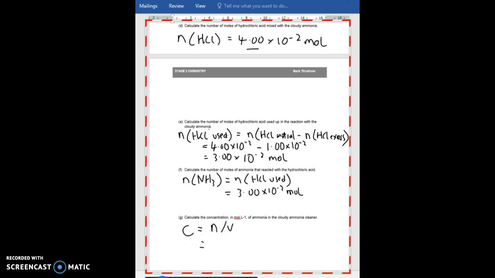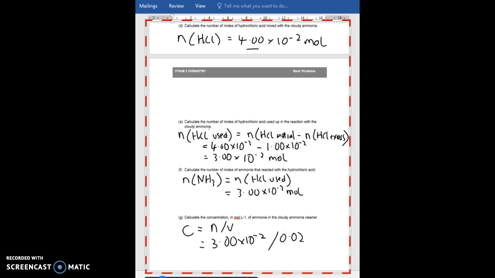So that equals our number of moles we worked out from the above, 3.00 times 10 to the minus 2, divided by, going back to the question, a 20 ml aliquot of cleaner was transferred, so we divide that by 0.02 for 20 mils.